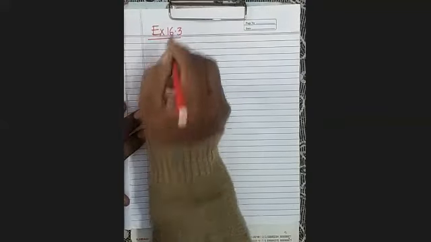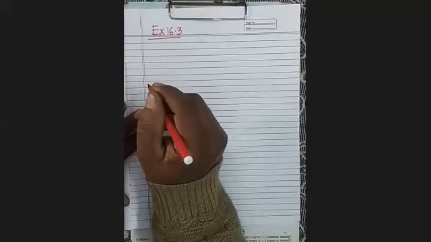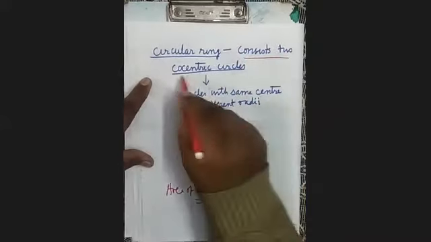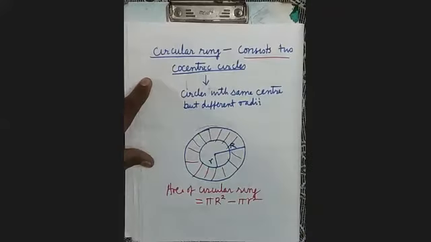Sir, please repeat the area of circular ring. Area of circular ring. So see here. A circular ring consists of two concentric circles.